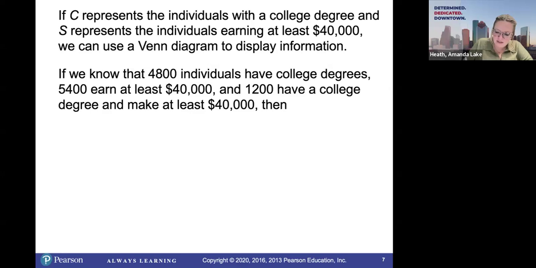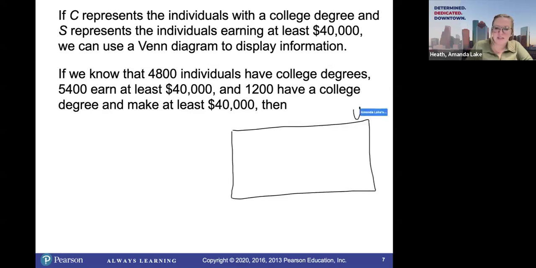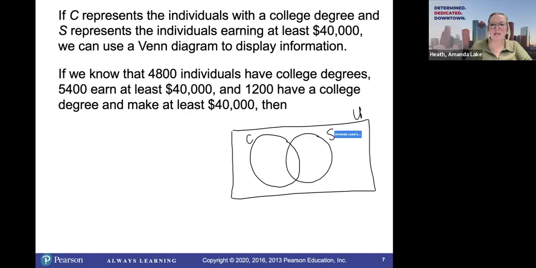So I might start with the universal set on the outside. That's just all of the people. And then we have the set of college graduates and the set of people who earn at least $40,000 a year.